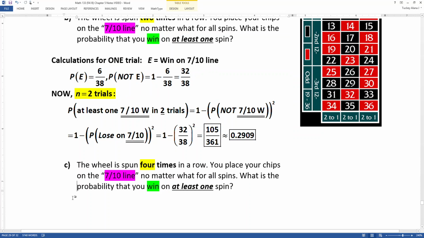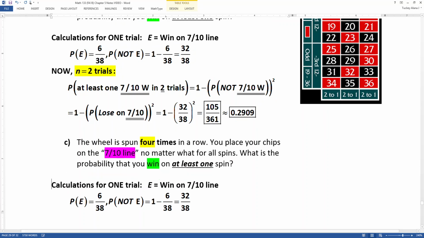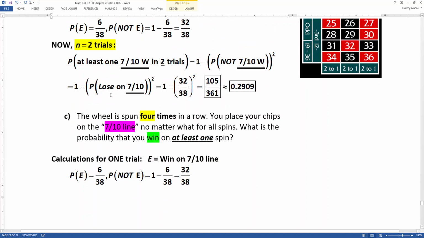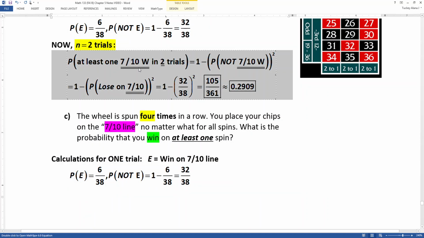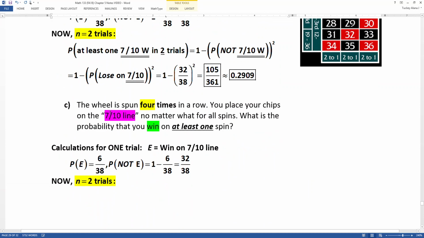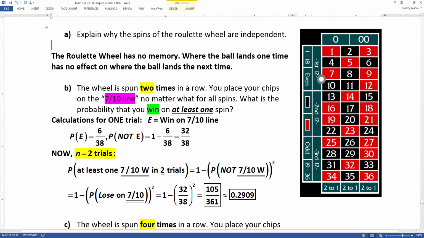So I'll just write that again. The probability of winning is still 6 out of 38. The probability of losing is still 32 out of 38. That all has not changed. What has changed is that we're not dealing with 2 trials anymore. We're dealing with 4 trials. So all that's going to do is affect the powers for our probabilities.